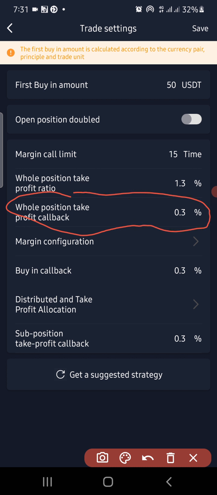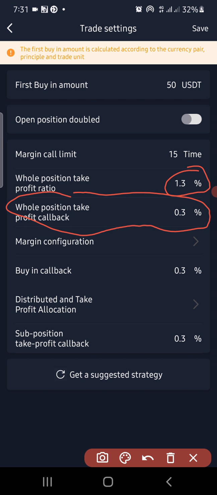So this one means that if the price of the coin has increased by this 1.3% profit, the bot will not sell instantly, because it wants to remain in the market for you to continue to maximize the pump. So it may increase to 5% and it's still in the market, because it does not want to jump out of the market when the price of the coin is still going up.